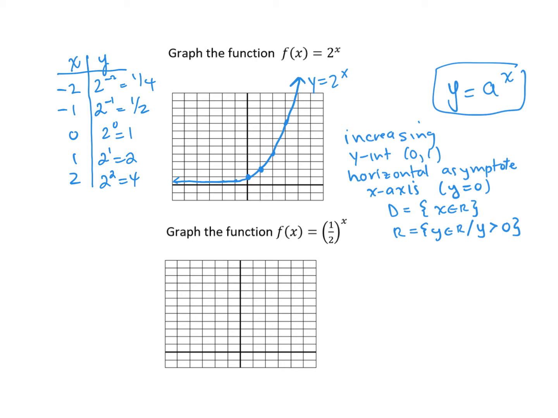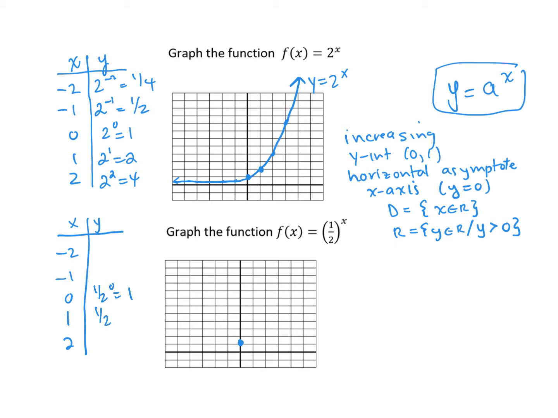If we wanted to graph y equals 1/2 to the power x, again we can make a table of values. And let's just use the same numbers. And we'll find these values. So 1/2 to the 0 is still 1.